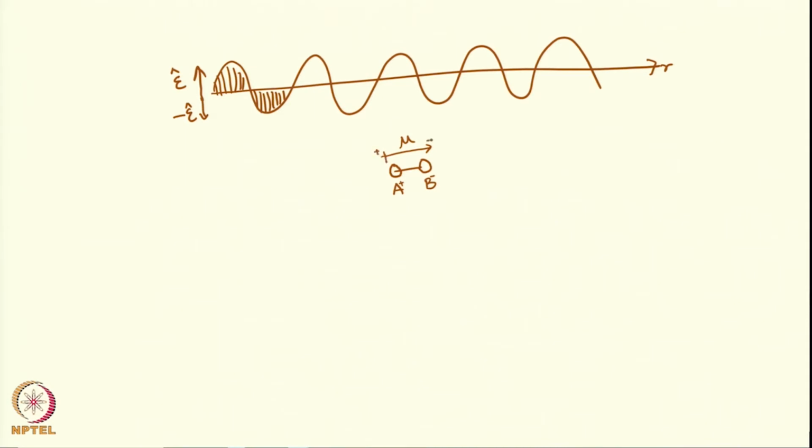So now you can see that the propagation direction is R and the dipole moment is along R. So now think of it like this: if your light is propagating like that and your molecule AB is like that.